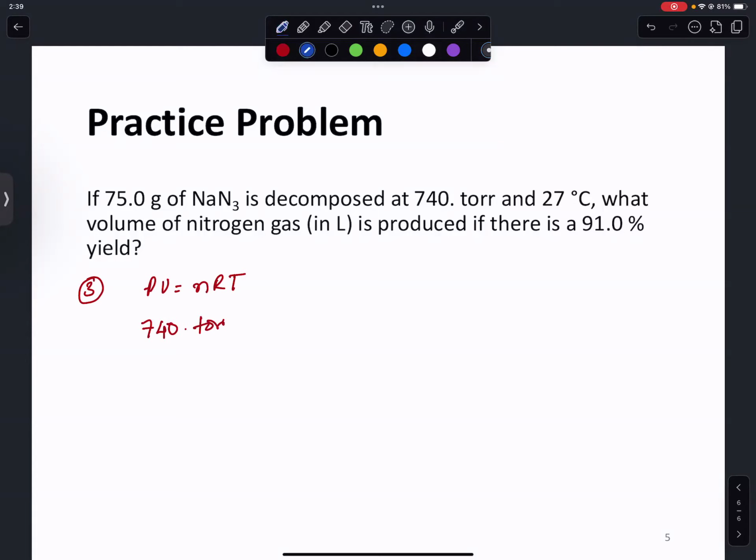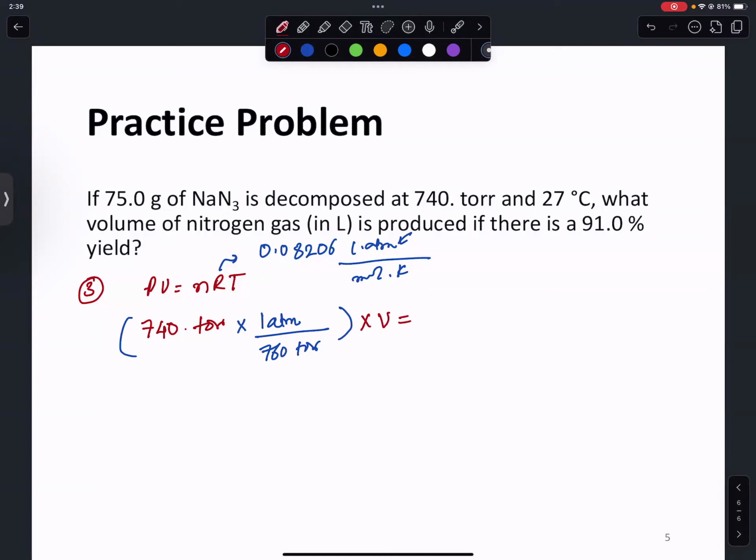Let's write out the universal gas constant. Okay. And double check. Oh, okay. I know I will have to change it to atmospheres. So this conversion is given to you on the formula sheet, 760 torr. Okay, times the volume, which equals to here.